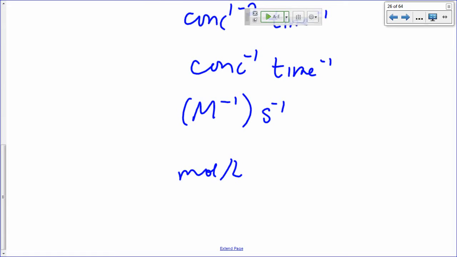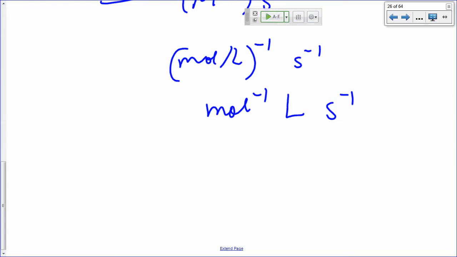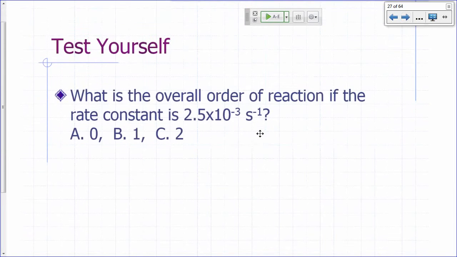Or I can say moles per liter to the negative 1 per second. Or I can say per mole times liter per second, or you can say liters per mole per second. That would be a unit for a second order rate constant.